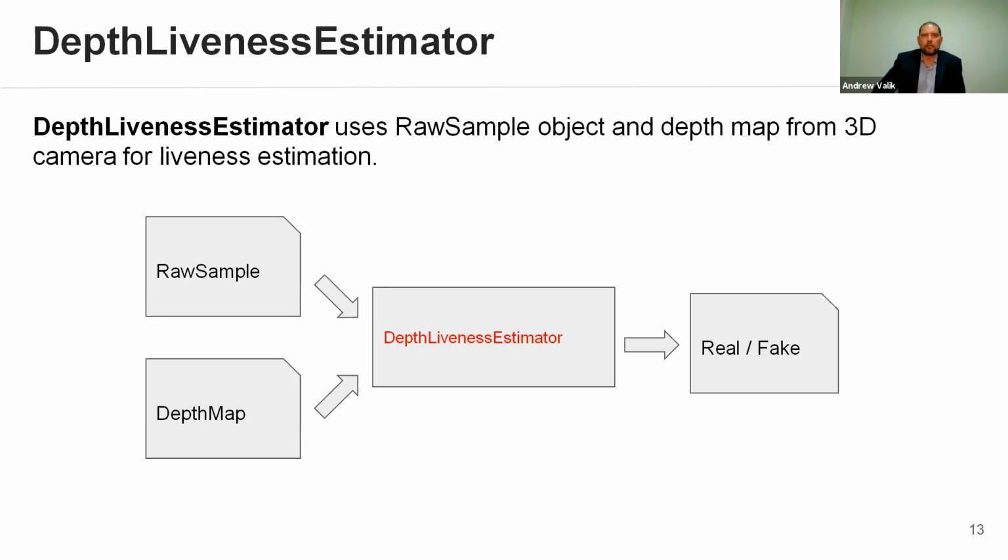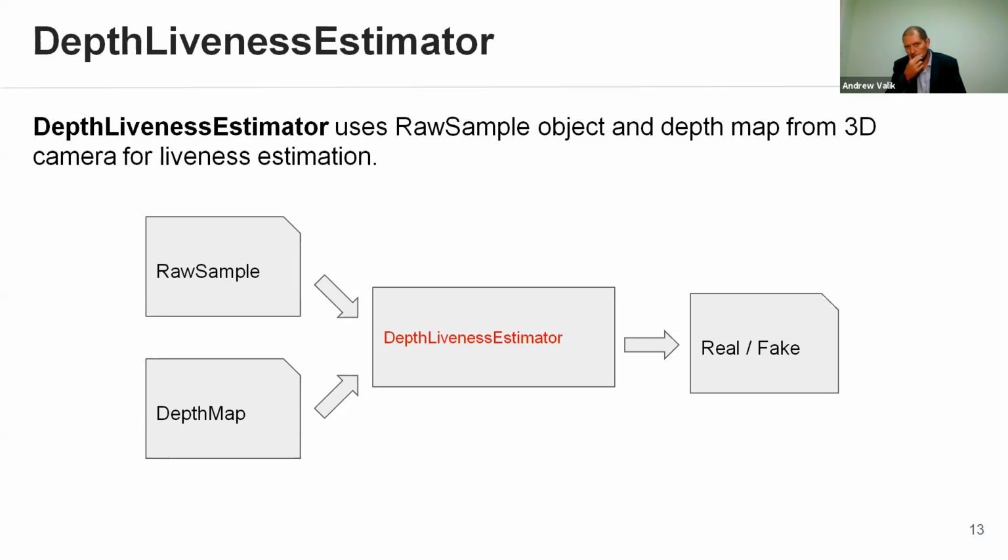And next, depth liveness. We provide such an object for access control systems and time attendance systems, to avoid some spoofing, to be sure that you identify a real face, not a fake. This depth LivenessEstimator receives two streams.